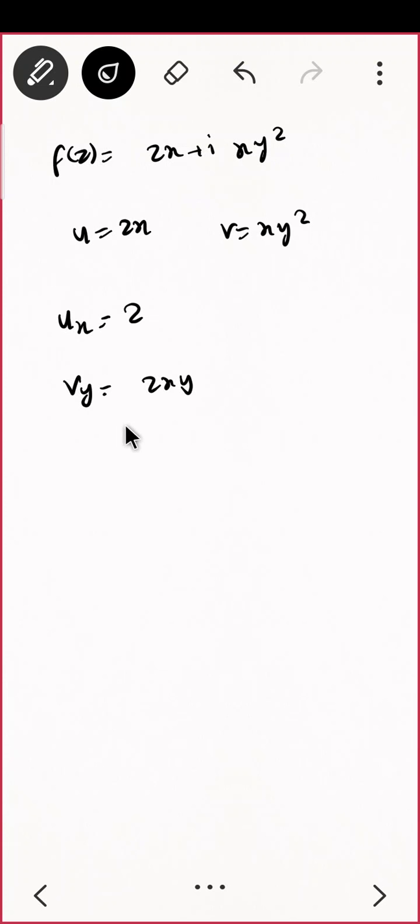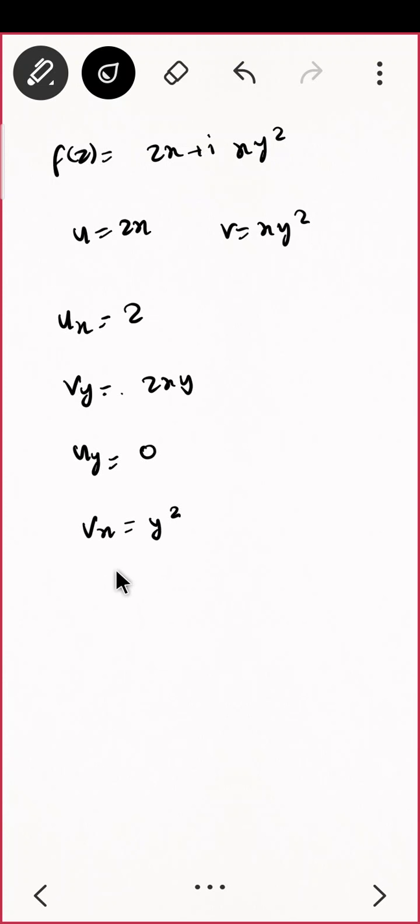Do you agree? ux equal to vy, and then find uy. If you want to check that too, because from this alone I can say this does not hold, but I cannot say it does not exist at any point. Because what if x into y is 1, then ux is the same as vy, so that is true. So I have to do the next part: what is uy? uy will be 0, and what is vx? vx is y squared.